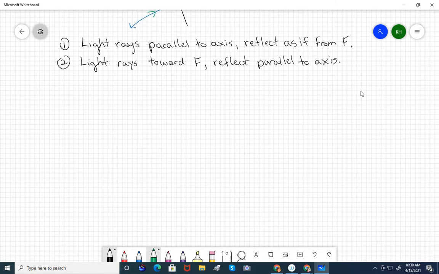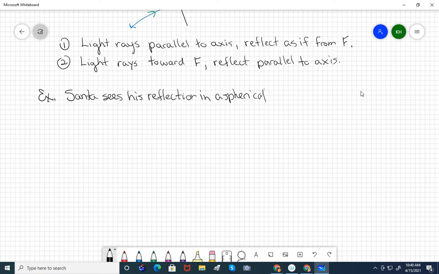So let's do an example. This example has to do with Santa Claus. Santa sees his reflection in a spherical Christmas ornament.